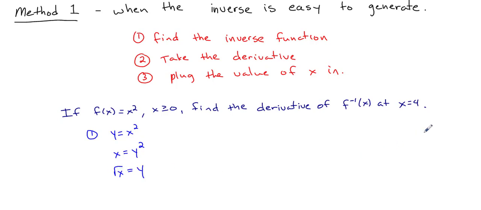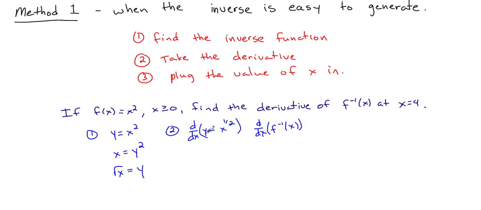Okay. Step 2, take the derivative. So we need to find the derivative of this. d dx of y equals x to the half, parentheses around everything, showing that we're taking the derivative. And this is the derivative of the inverse.